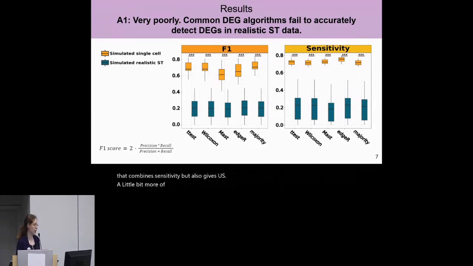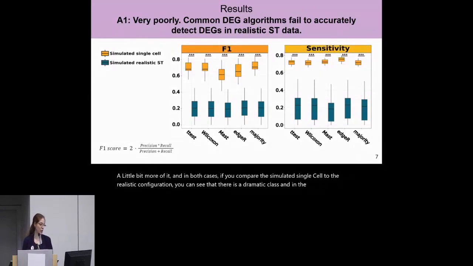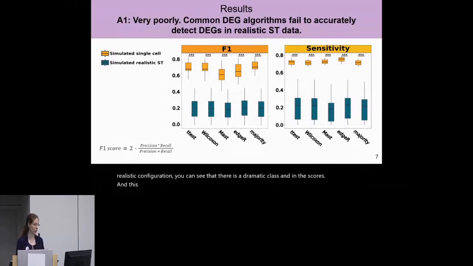And in both cases, if you compare the simulated single cell to the realistic configuration, you can see that there is a dramatic loss in the scores. And this loss is also independent of the method that we use. So the variation between methods was quite small. So this was quite surprising.